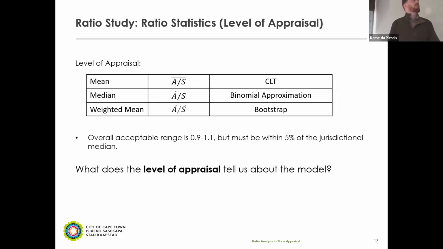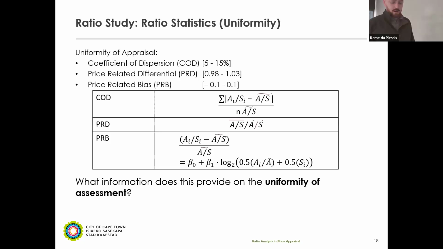So you can have something that falls within the allowable bounds of the level of appraisal, but for a specific neighborhood, it's further than 5% from your overall median for the entire market, which then means that you have treated that specific neighborhood unfairly and therefore should adjust there. So the level of appraisal simply tells us overall how fairly have we treated everyone. And we'll look at a couple of examples very quickly just now.